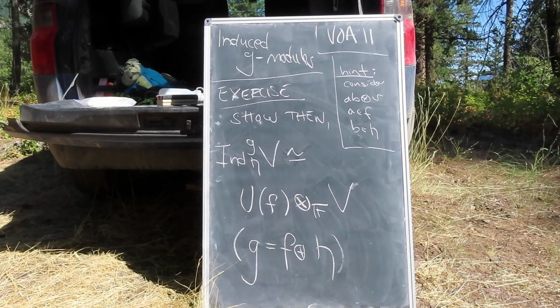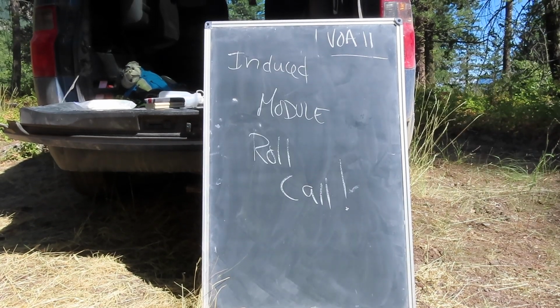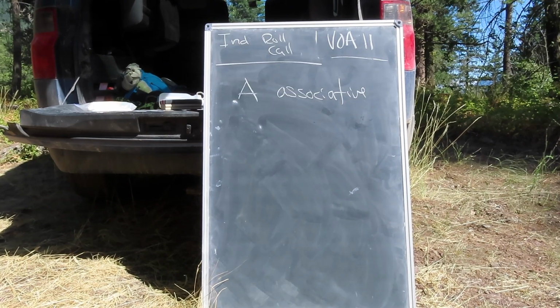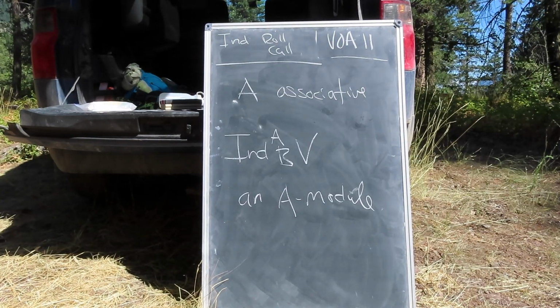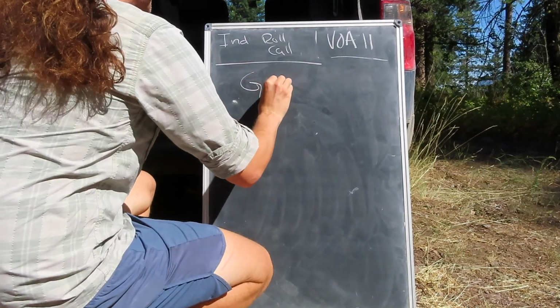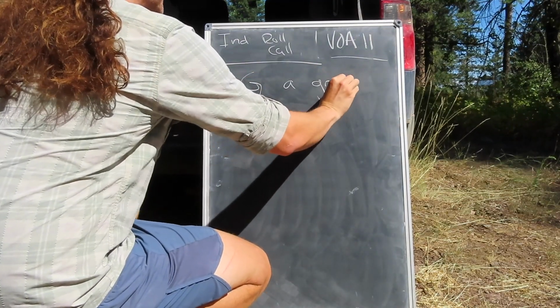Let's do a quick roll call on the induced modules that we've discussed so far. For associative algebras, to expand the module to include the action of the full algebra, we need only take the tensor product of A with V, taking the appropriate quotient, of course, the middle linear product with the subalgebra. For groups, we must first embed the groups in a group algebra.